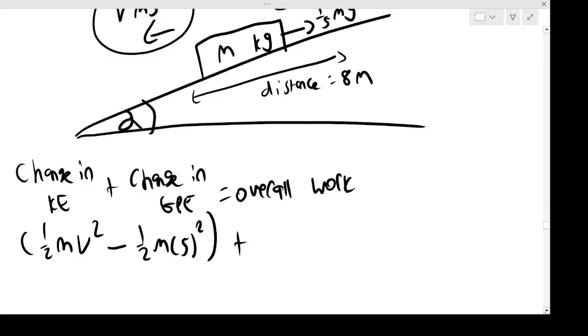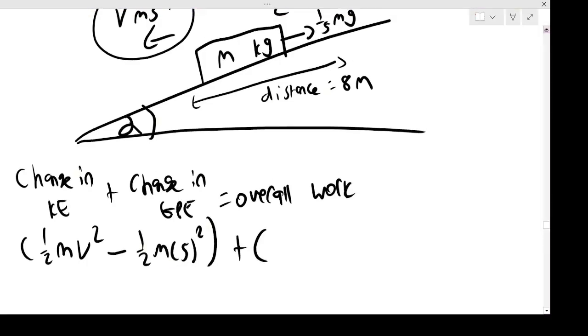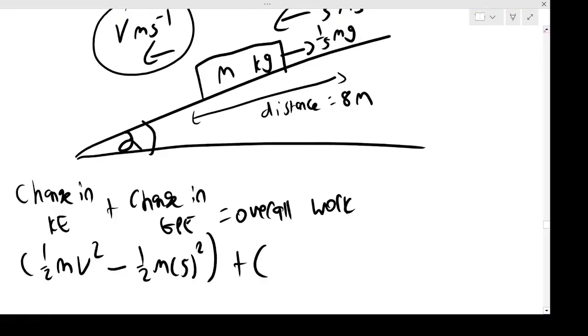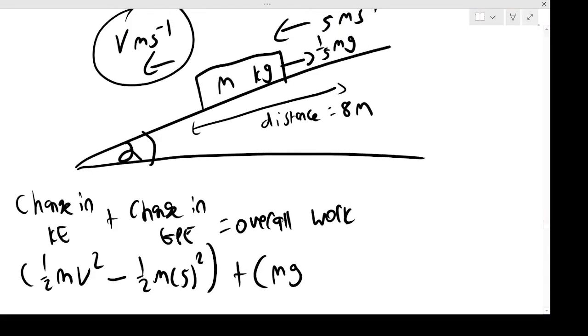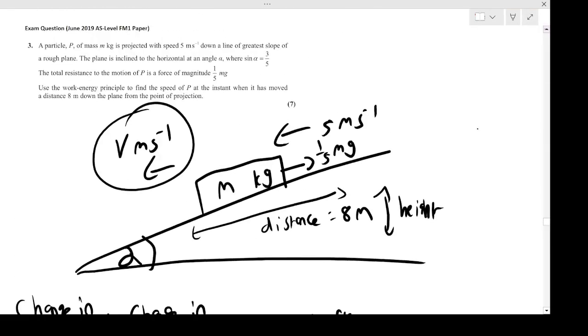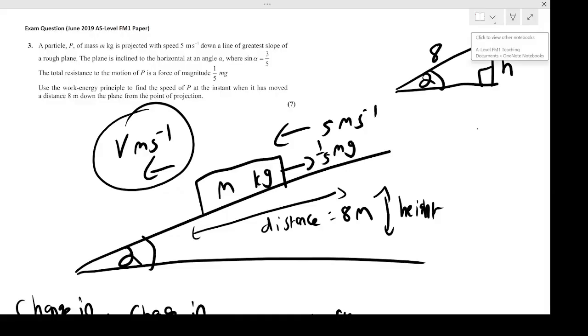Then the change in GPE. That's mgh, so it's going to be mg times h, the vertical height here. If I do a little triangle to work that out, I know my distance is 8 meters on the slope. So I want this height h here, the angle's alpha. Using SOHCAHTOA, the vertical height h is going to be 8 sine alpha.